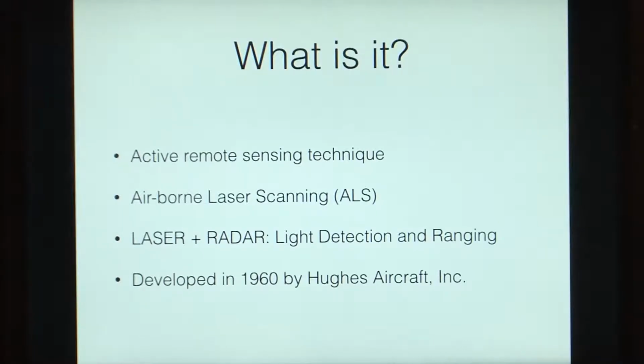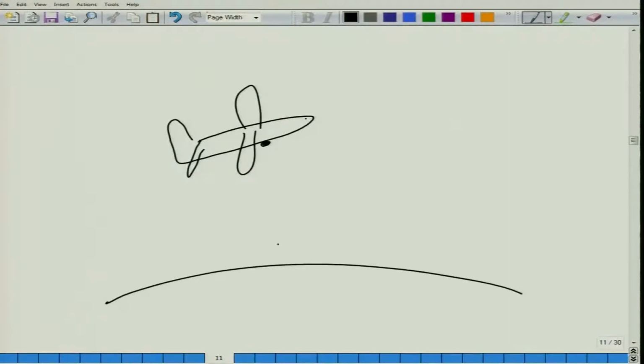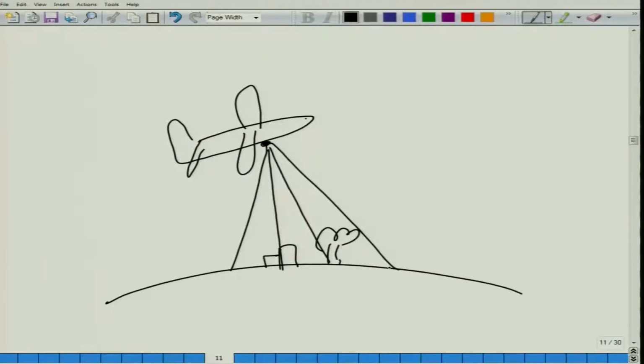When we say airborne fashion, what we mean is that suppose you have a plane, you can put your LIDAR device here, and suppose it is going above the earth, it is passing buildings, maybe a few trees. Now this laser light would be scanning the whole region in different ways that we will come to in this lecture.